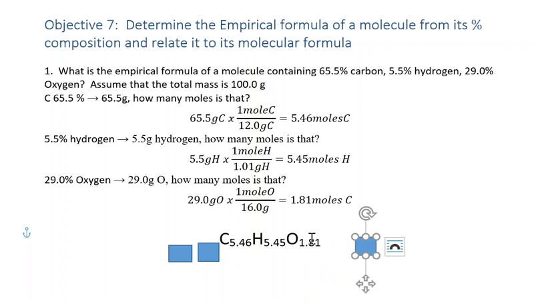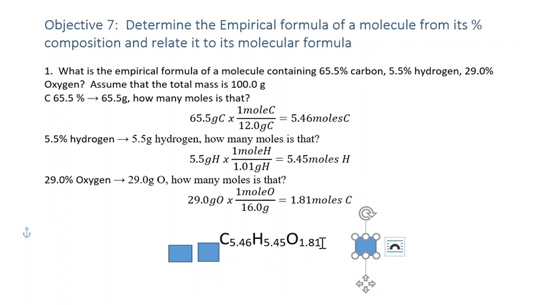Obviously, I'm not going to leave those numbers because I need little simple whole number ratios. But the way I can figure out a whole number ratio is this. I'm going to figure out which is the smallest of all of those, and that's going to be my 1.81. I'm going to divide every one of these by the smallest, by 1.81.